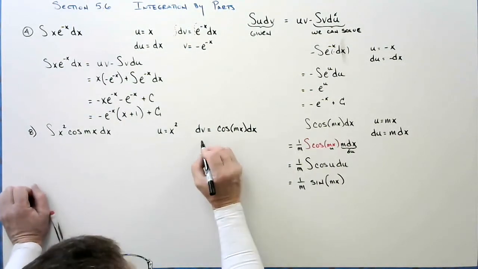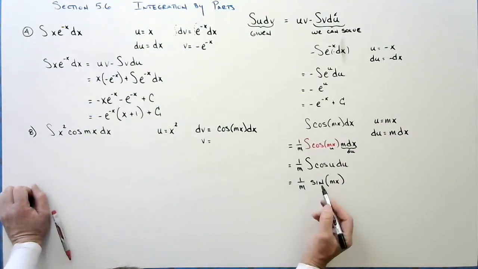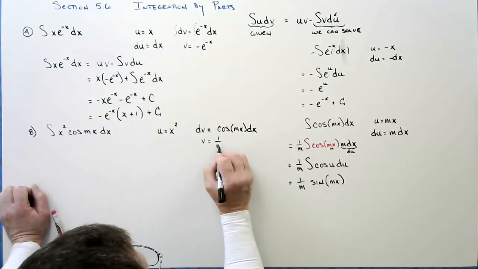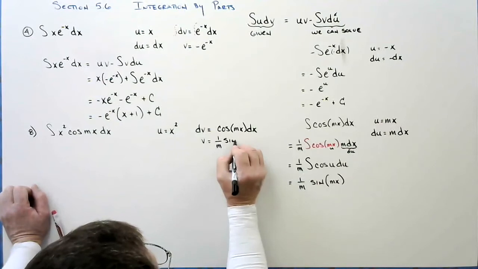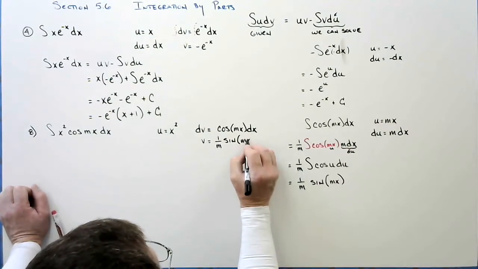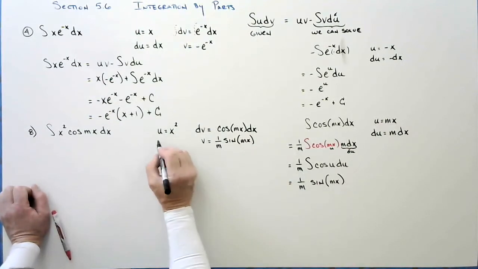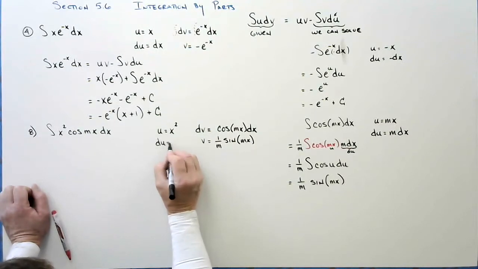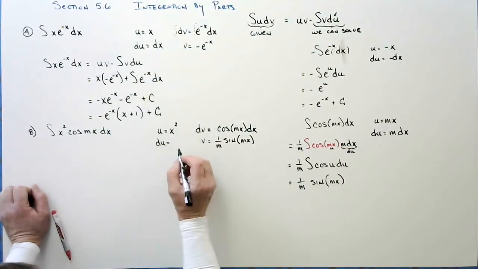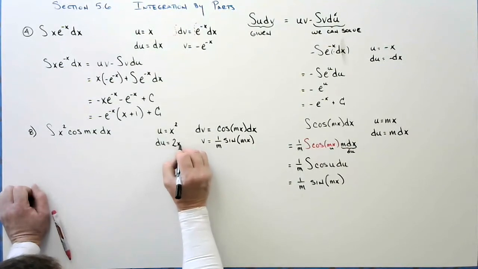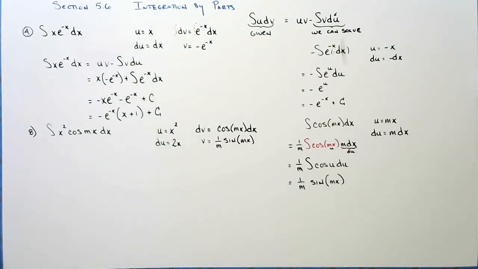So when we find v here, we get 1 over m sine of mx. To get du, we take the derivative, right? Derivative of x squared, and we get 2x. And now we're ready to expand this.